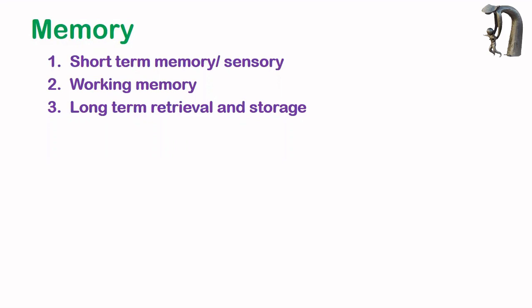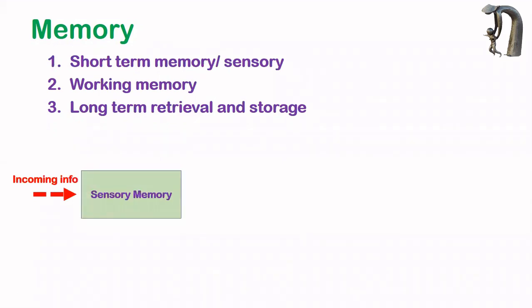Short-term memory, or you can say sensory memory, because the incoming information directly goes to the sensory memory. That means the senses: it might be visual, it might be auditory, it might be kinesthetic.